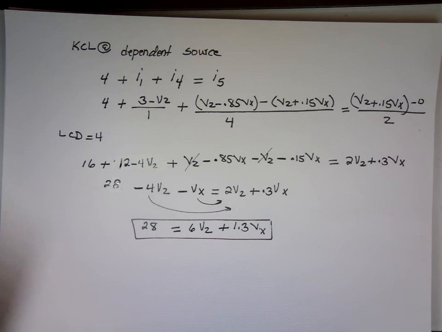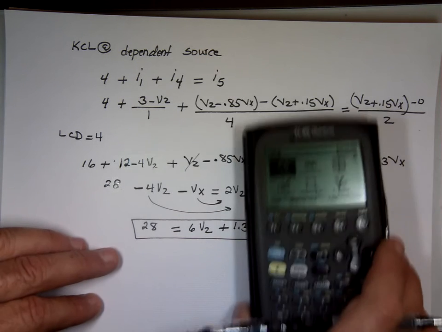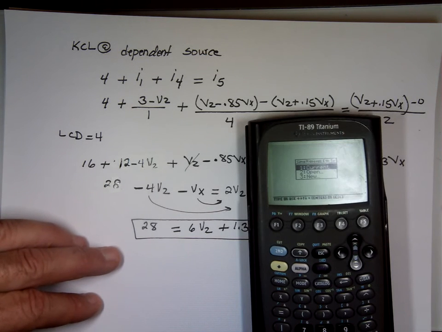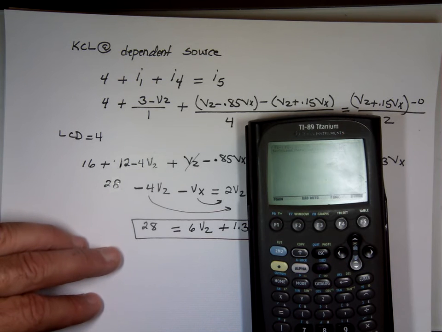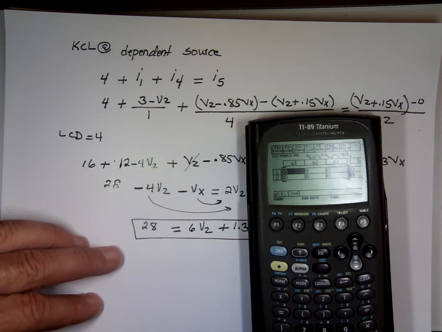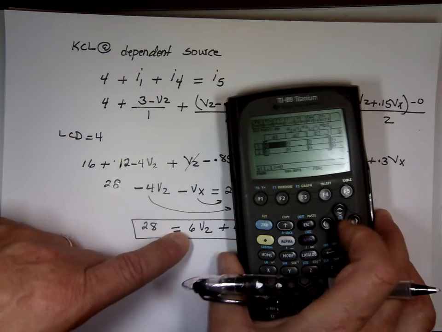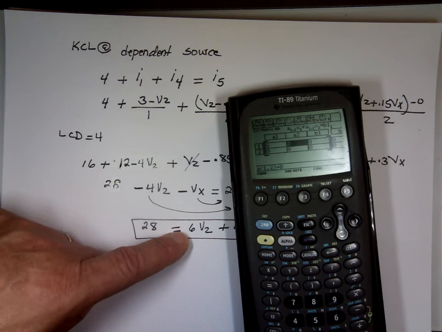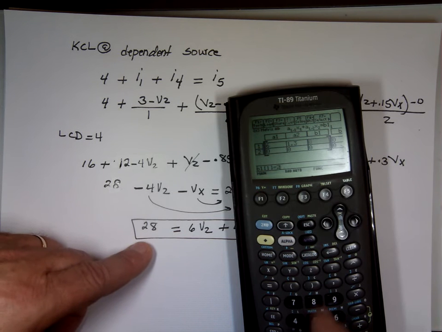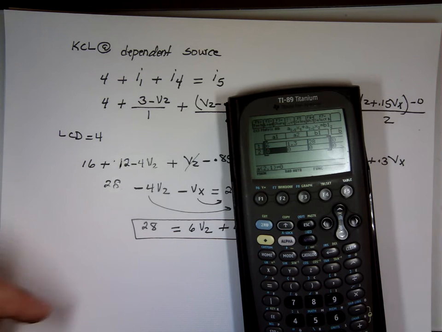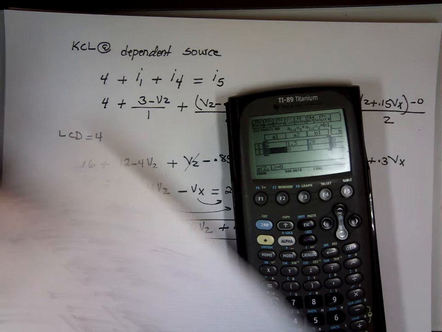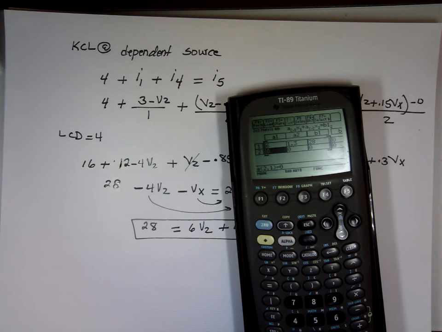Let me go to my calculator, go to my simultaneous equation. I want to do a new equation. It's 2 equations by 2 unknowns. So here we go, 6 and 1.3, 6, 1.3, and 28. And the other equation is 14, negative 3.8, and 51.